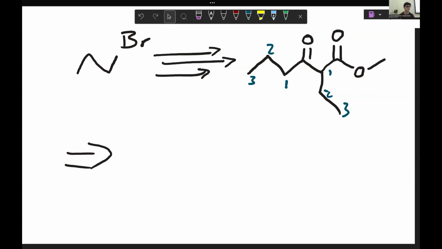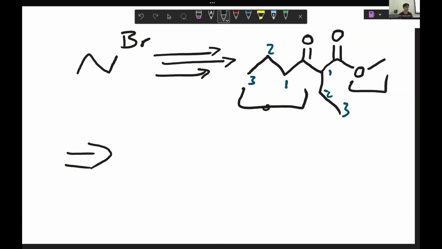Exactly. So, just so we're all on the same page, the Claisen is between two esters, and one of those esters is going to lose its O-alkyl group, its oxygen and carbons. This left side doesn't have an O-alkyl, so the left side has lost it and the right side keeps it.